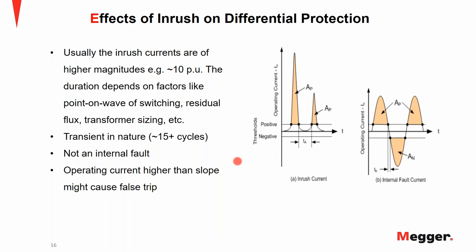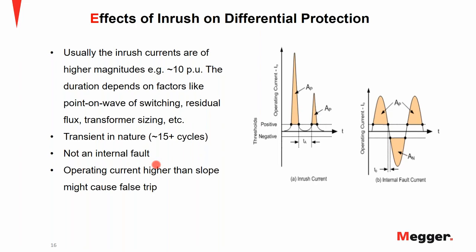Again, depending on where it's at in the system and where it's being energized from, those currents could be in excess of 10 per unit, or it could be less. The duration of the decaying sine wave of the magnetizing inrush is also dependent on the placement and what else is affecting the transformer at that time when it's in the system.